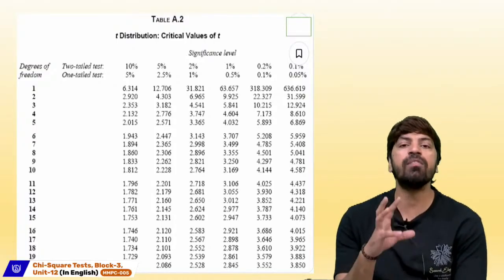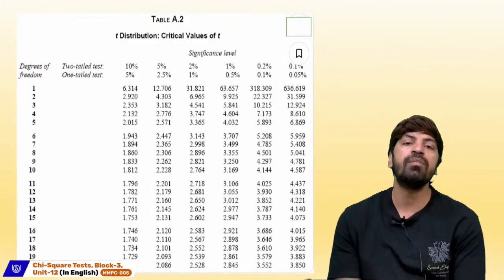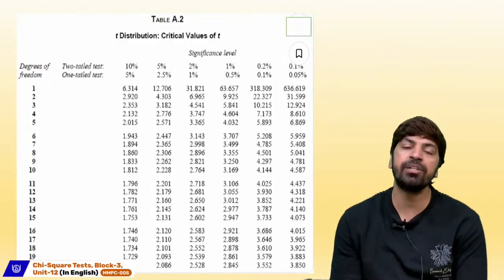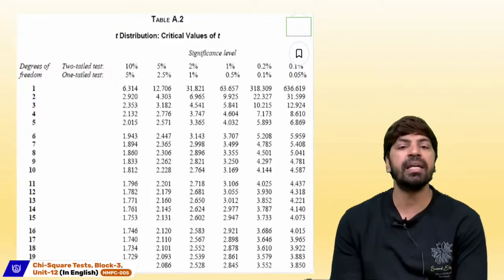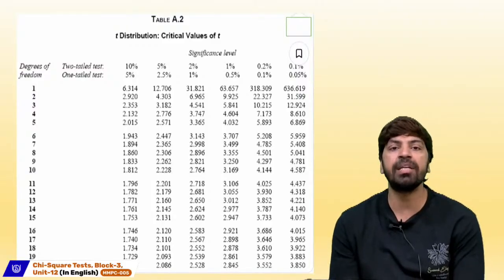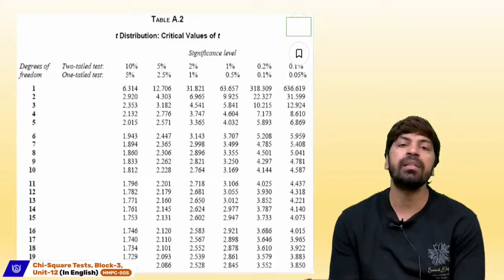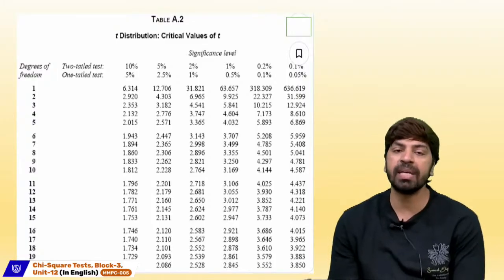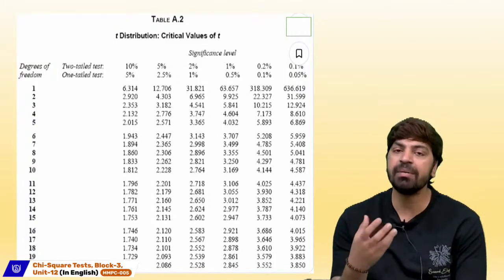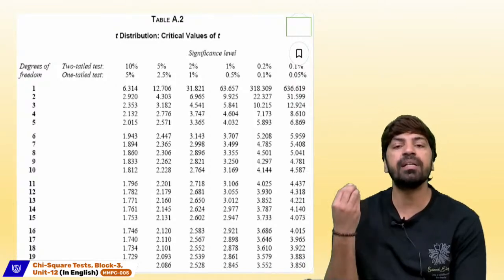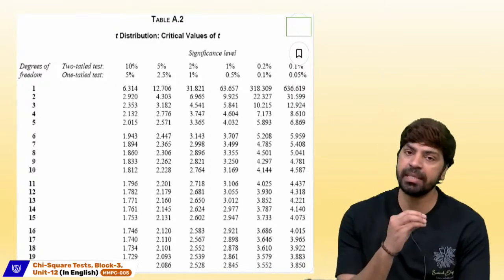The rules of the t-distribution test are two main rules. If the calculated value is less than the tabulated value, that means the t table value, then the null hypothesis is accepted.